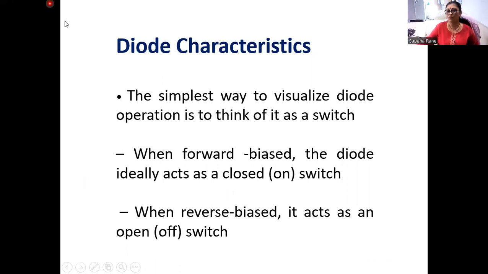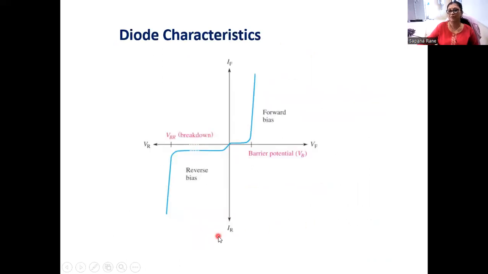Now, in the simplest way, if you visualize a diode, its operation can be thought of as a switch. When the diode is forward biased, the diode acts as a closed switch or on switch, you can say. When it is reverse biased, it acts as an open switch or off switch, you can say.